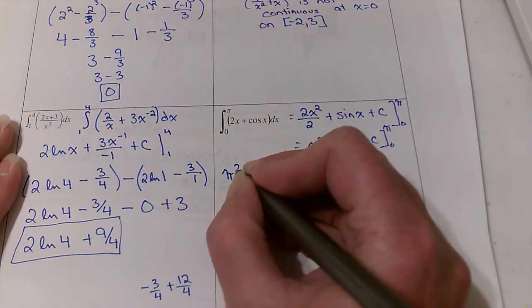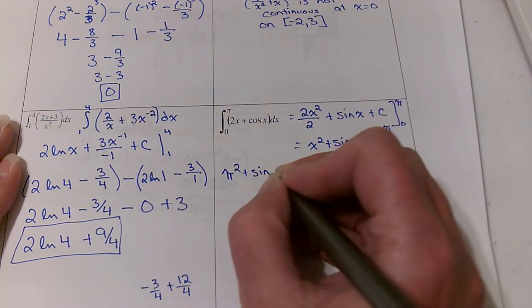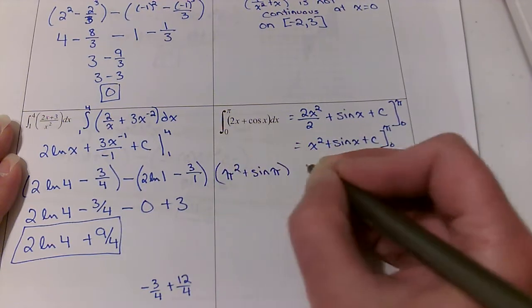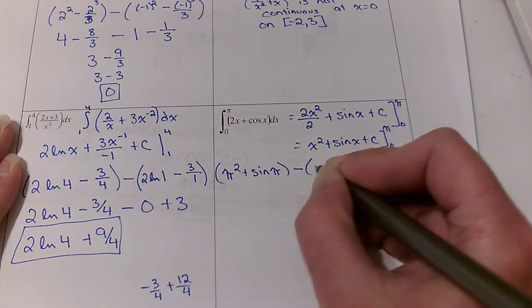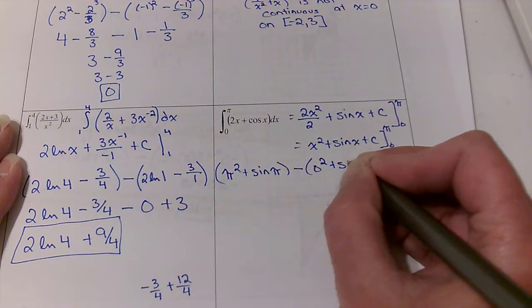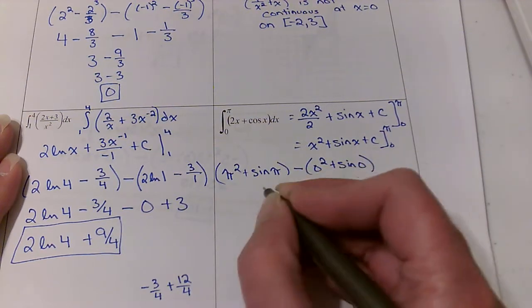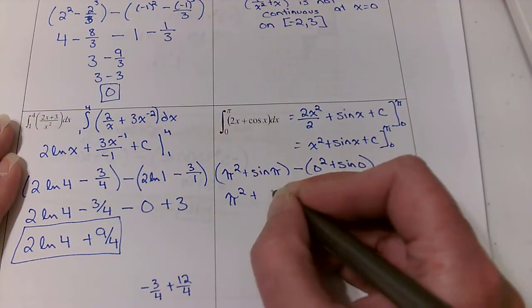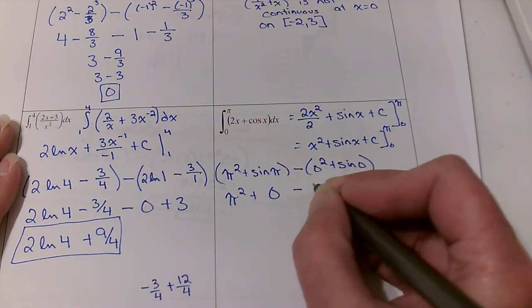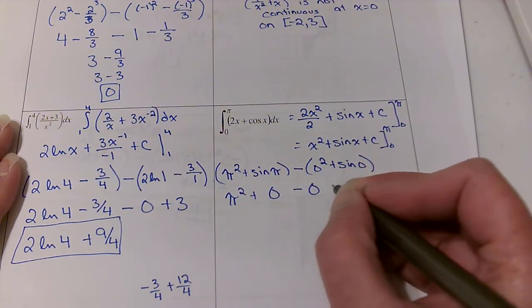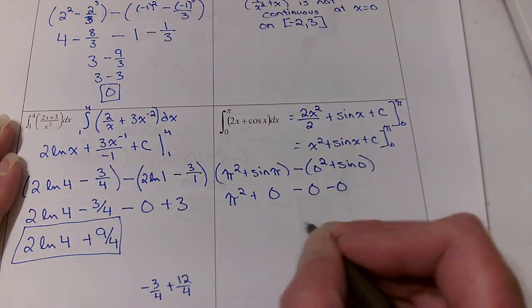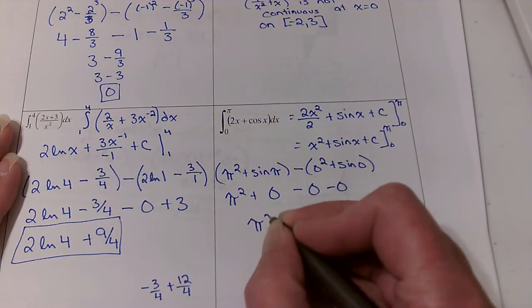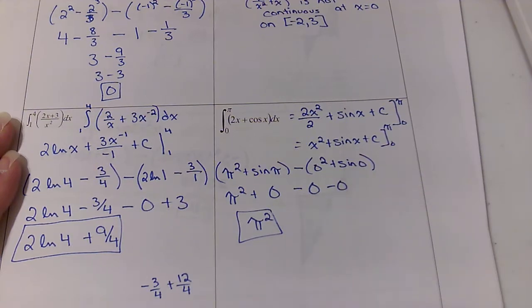I get pi squared plus sine pi minus 0 squared plus sine of 0. Well, that's pi squared. Sine of pi is 0 minus 0. Sine of 0 is 0. So I get pi squared.